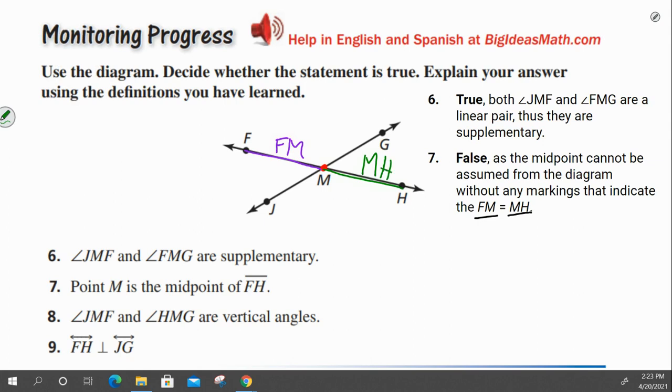Now, if they were told that those two were equal to each other, then we could in fact say that point M is in fact the midpoint. But because we're not provided that, then we cannot say that this is in fact true. So we have to say that this is a false statement.